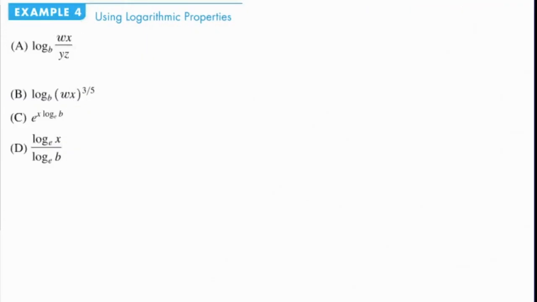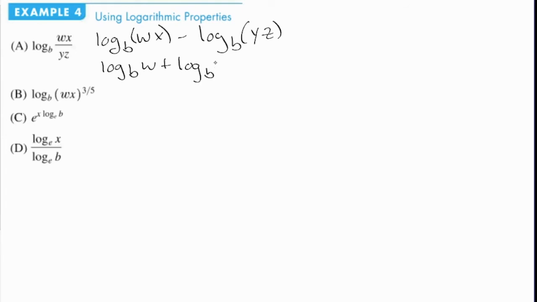So example 4, we're going to use some log properties to rewrite this. So we see that we have a fraction here, so we can write this as log base b of wx and subtract log base b of yz. But now we have a multiplication here, so we can break it down further, say log base b of w plus log base b of x minus, now I'm going to put parentheses because these two expressions need to both be affected by the minus, log base b of y plus log base b of z.